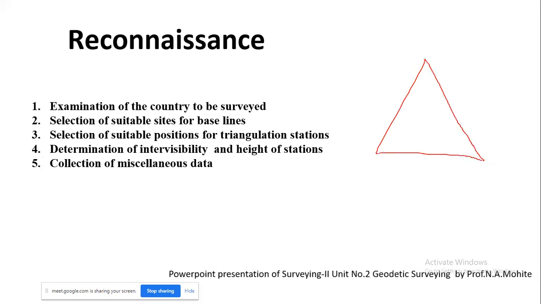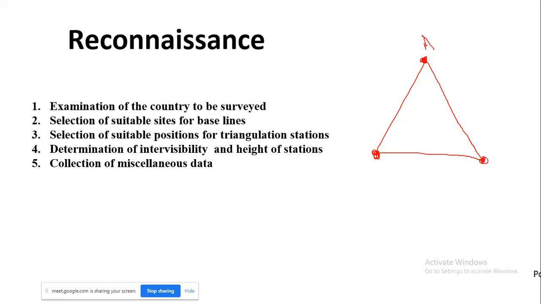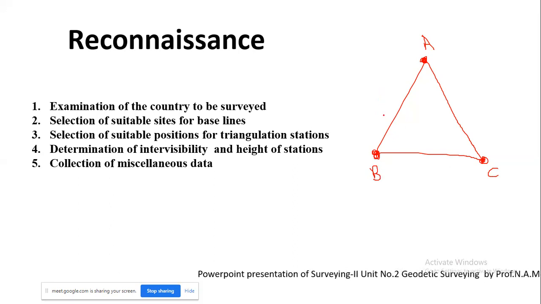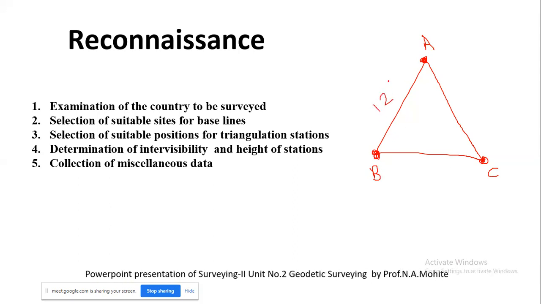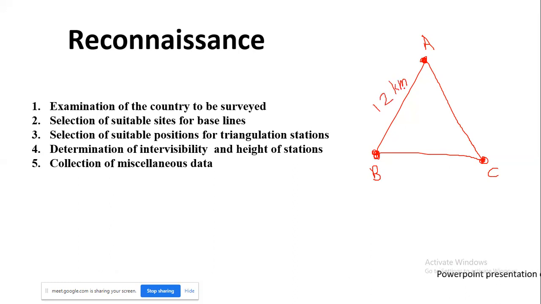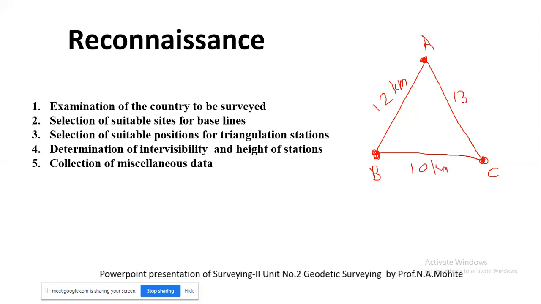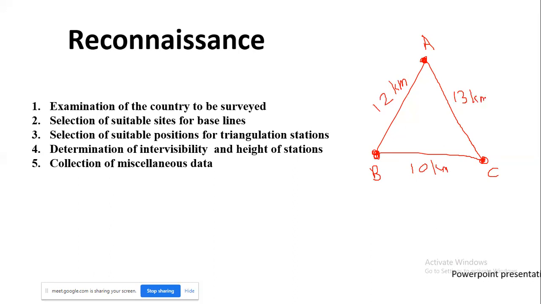This is the triangle, and these are correspondingly our station points, that is, triangulation stations. Let me name them A, B, and C. Suppose the distance AB is 12 kilometers, this distance is 10 kilometers, and this one is suppose 13 kilometers.